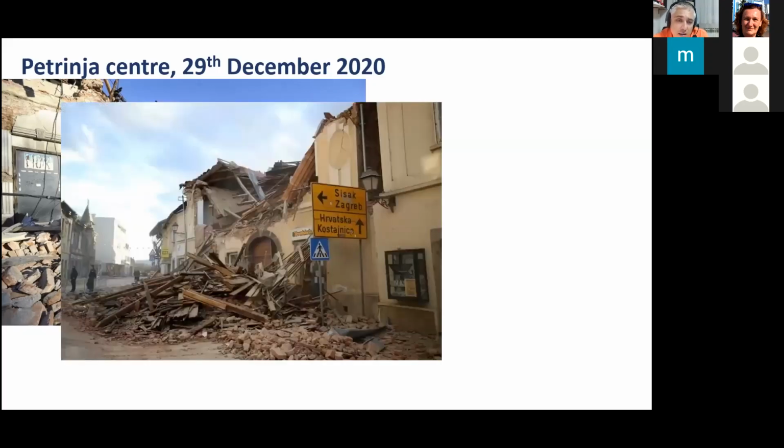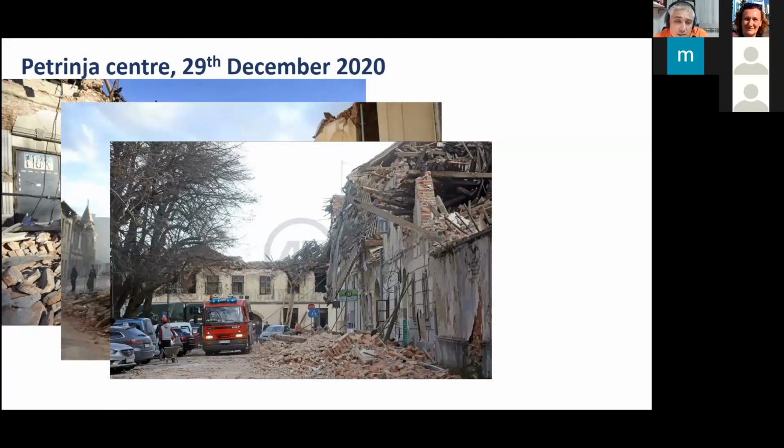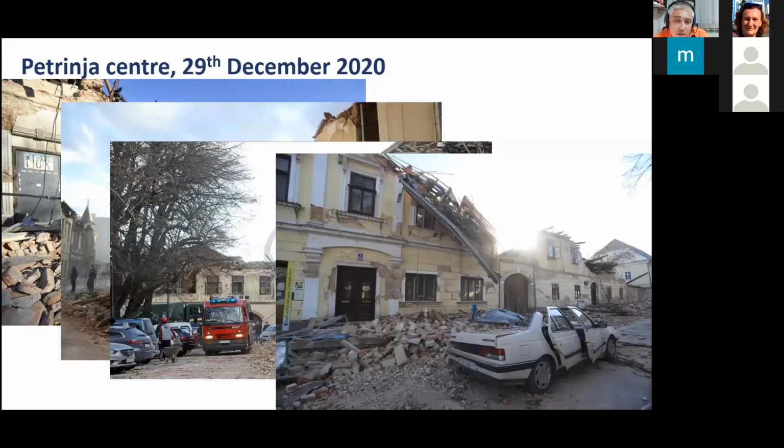This is another picture showing the material damage. This is once again the center of Petrinja, and of course you can see material damage. There was bigger, much more important damage, damage that hurts much more.